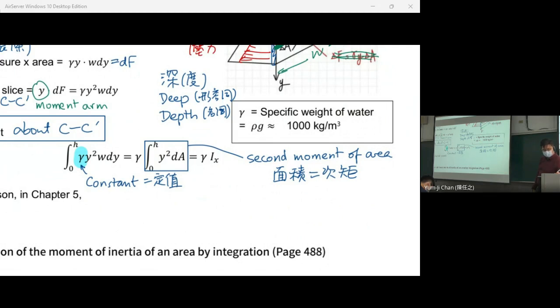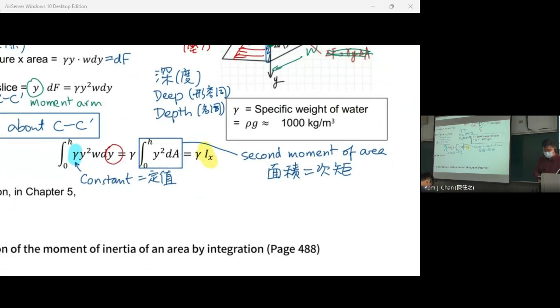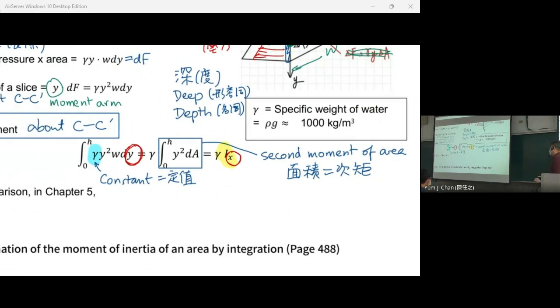Remember, if we have dy here, the I here is Ix. I will talk about it in a minute. This is called the second moment of area. And why is it called the second moment of area?